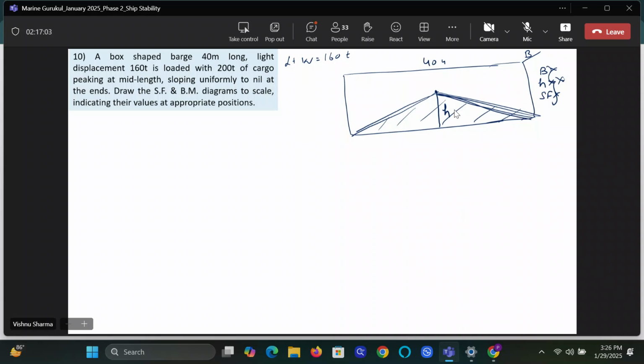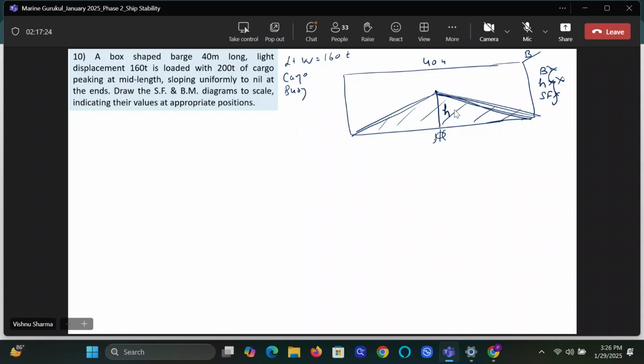I'm sure you all agree that for light displacement we'll need how the cargo is distributed and how buoyancy is distributed. Am I right, guys? One thing is very clear, that buoyancy will be uniformly distributed because cargo and light weight are uniformly distributed and it's a box-shaped vessel. Correct, beta?